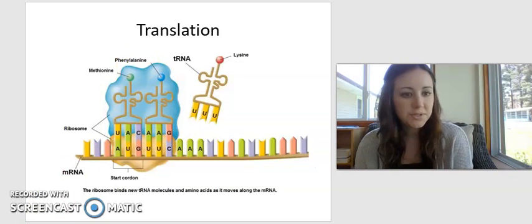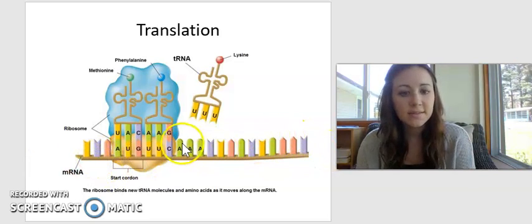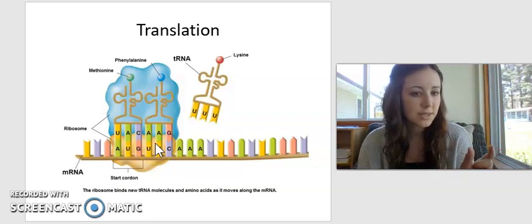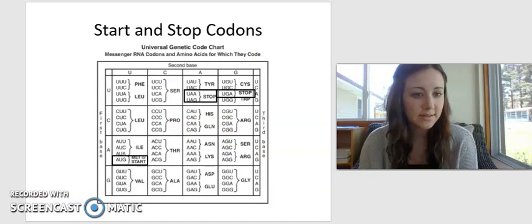And you would continue doing that down the whole mRNA sequence, and the mRNA sequence is going to determine which tRNA molecules are going to bind, and the tRNA are carrying the amino acids. When the amino acids link together, that's going to create a protein. The sequence is going to end.